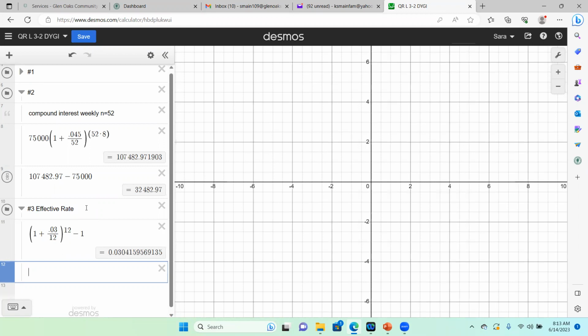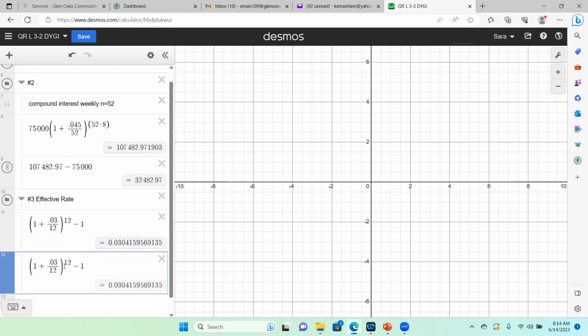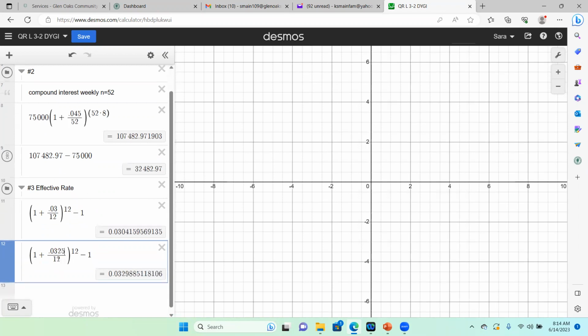Always go out to 4 decimals so that you can compare them adequately. And I'm going to copy that and paste below just to be more efficient and change my interest rate. And then also change my compounding. And remember to change your compounding in both places. And so the second effective rate is 0.0328.